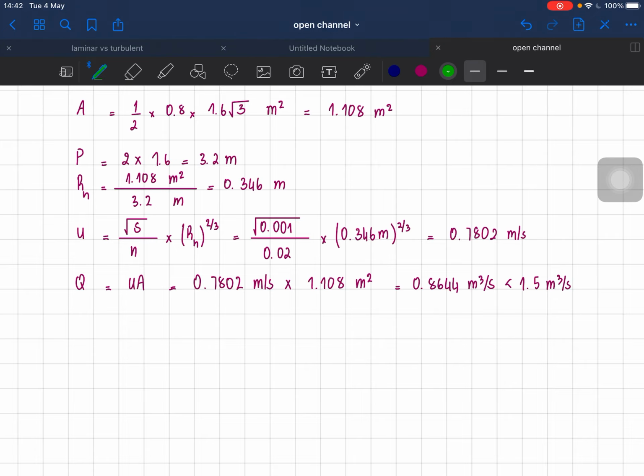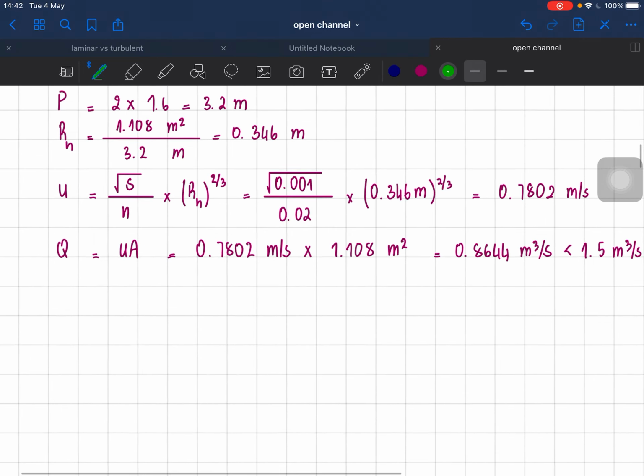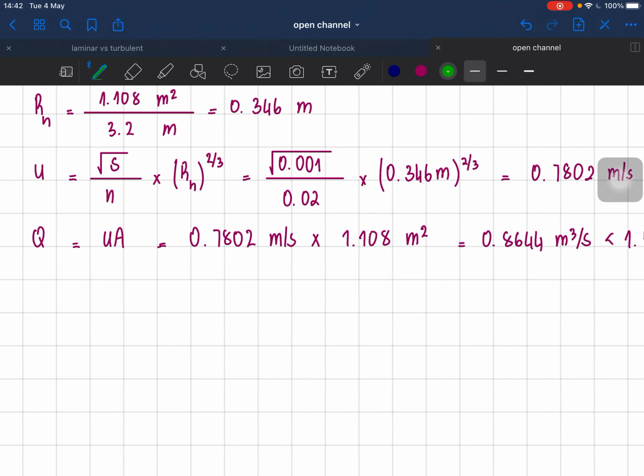Then we can find the Froude number, but the Froude number here is not for the normal flow, because we're going to compute it with the given flow rate, and the depth is 0.8, right? So now let's start, I'll change the color here. We have to find the U, the velocity. It's equal to Q over A. In this case, the Q is not this 0.8.